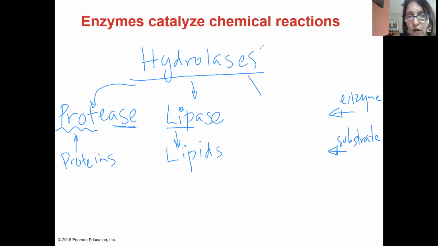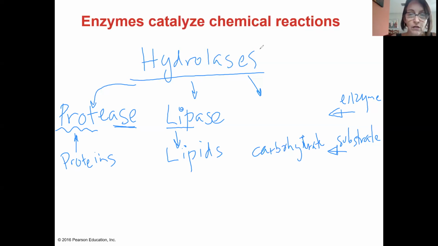And then for carbohydrates, we really don't use the word carbohydrases, but I can tell you that there are many of them. So we have many proteases, many lipases, and we have many enzymes involved in the digestion of carbohydrates.